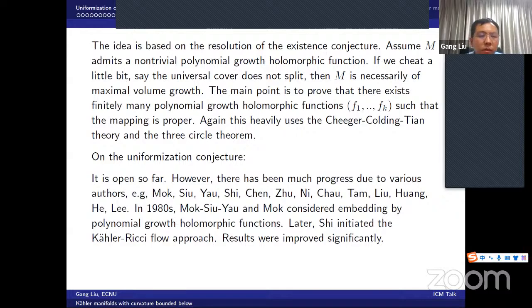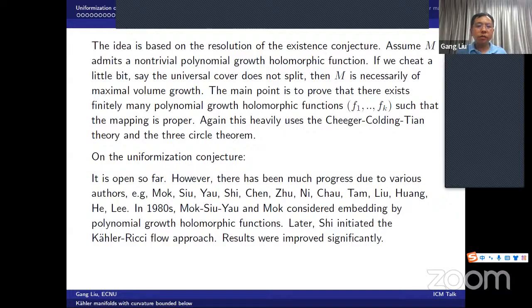On the uniformization, it is open so far. However, there has been much progress due to various authors. For example, Mok, Siu, Yau, Shi, Chen, Zhu, Ni, Chau, Tam, Liu, Wang, He, Lee, etc. In the 1980s, Mok, Siu and Yau, and Mok considered embedding by polynomial growth holomorphic functions.